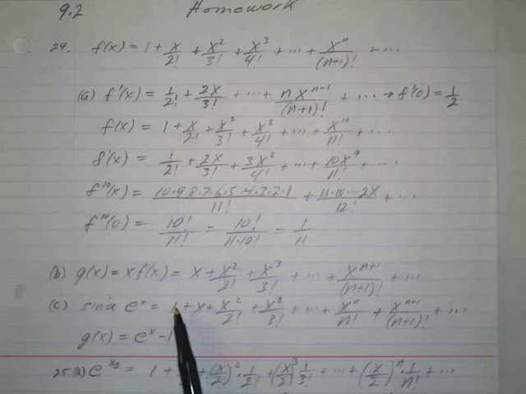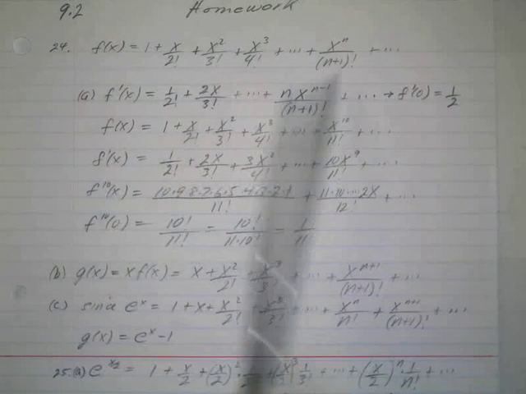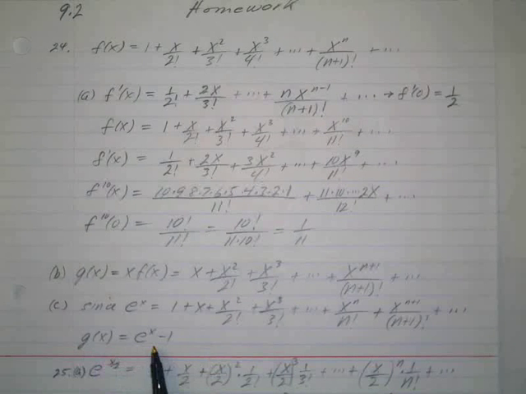So if I want to write g of x, I can write e to the x and just subtract the 1. If I take e to the x and subtract 1, what do I get? I get g of x, which is, of course, x times f of x. So it would just be e to the x minus 1. If you take e to the x minus 1, what do you get? This. That's pretty much all they want you to do.